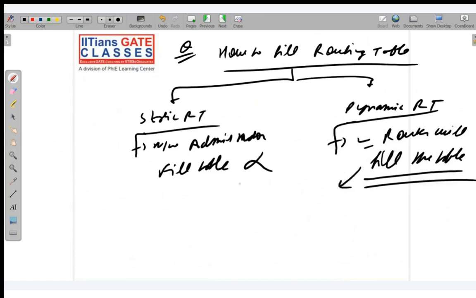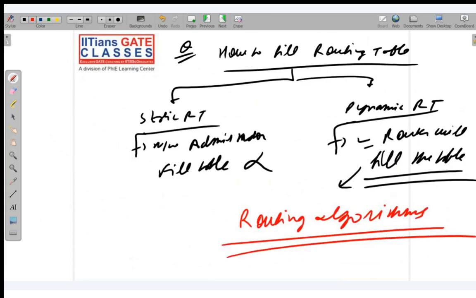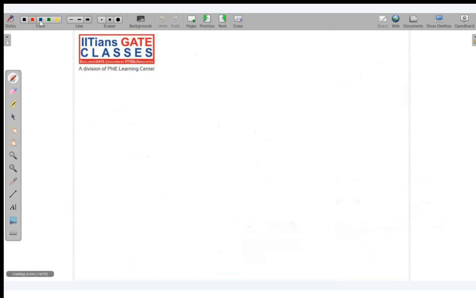For that we have different routing algorithms. Okay, so you can take the snapshot. In the next slide we will start these routing algorithms. Done, sir. Okay, so broadly, if we talk broadly, routing algorithms are of three types.